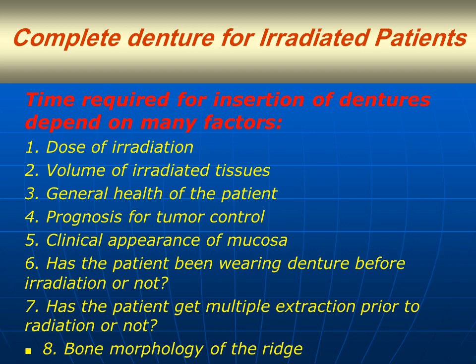However, if you get a patient receiving a large dose of radiation and the volume of irradiated tissue is very large, the general health of the patient is not good, the patient has had multiple extractions prior to radiation, and bone morphology of the ridge is not satisfactory, you may postpone denture construction for these patients, or you may postpone it totally, that's to say, to an indefinite time, because the patient can live on soft food better than getting osteoradionecrosis and its complications.